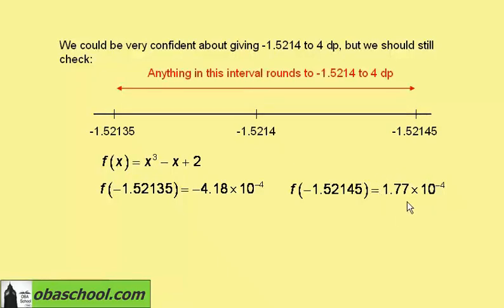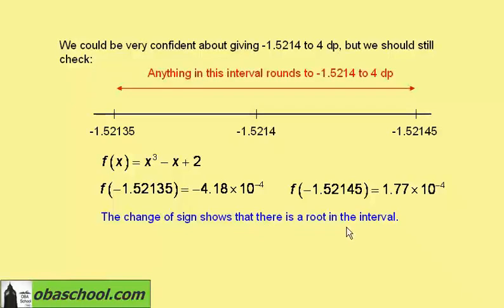And the important thing about this number is that it is positive. The change of sign from negative to positive shows that there is a root in this interval, and therefore the root is minus 1.5214, correct to 4 decimal places.